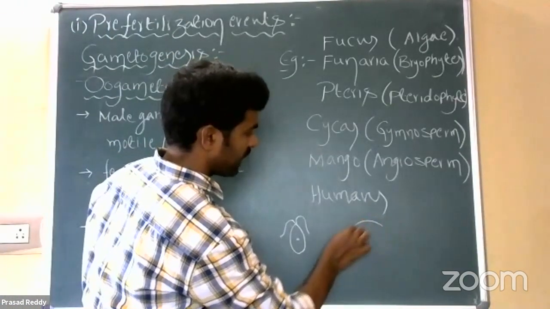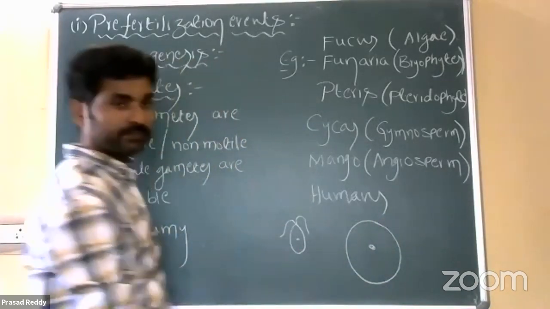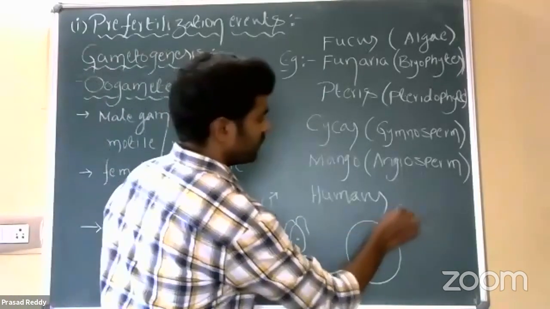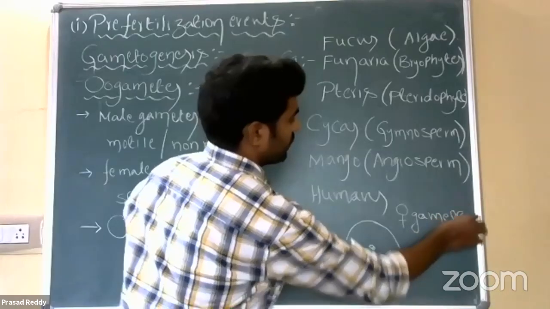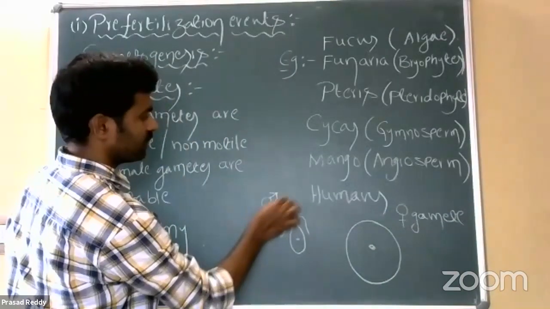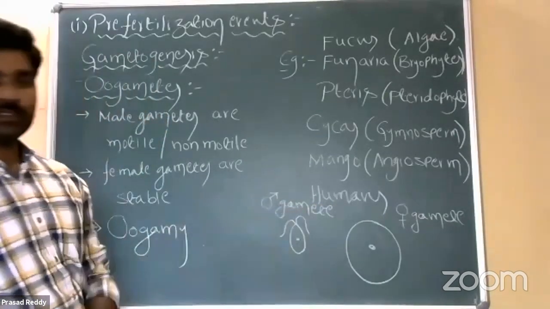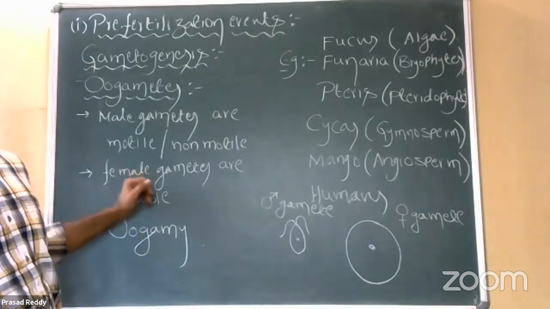The female gamete is constant, which means non-motile. So the male gamete is motile, but the female gamete is non-motile. This type of gametic fusion is called oogamy.